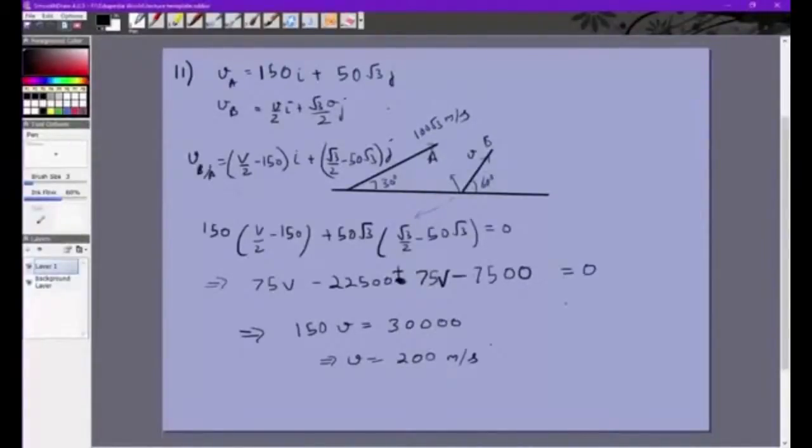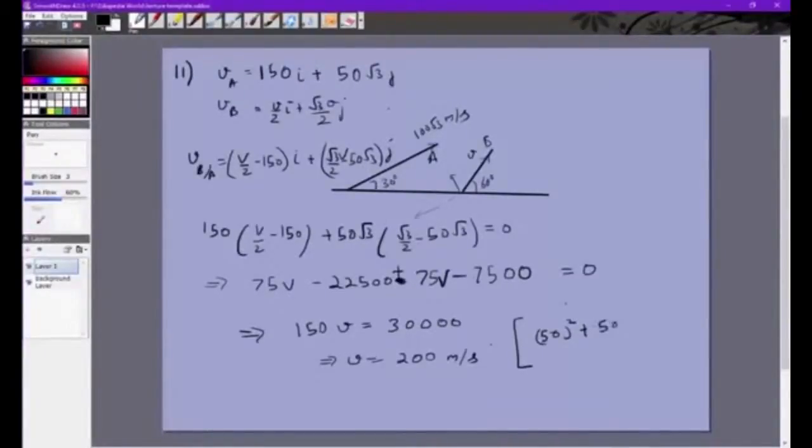So now we can calculate the magnitude of V of B with respect to A. What that would be is V by 2 minus 150. That is 100 minus 150, that is minus 50. We just need the magnitude. So 50 squared plus, now this is root 3 by 2 times V minus 50 root 3. We can just take root 3 common. V by 2 is 100 again, minus 50, that is 50, and we can multiply that by root 3.